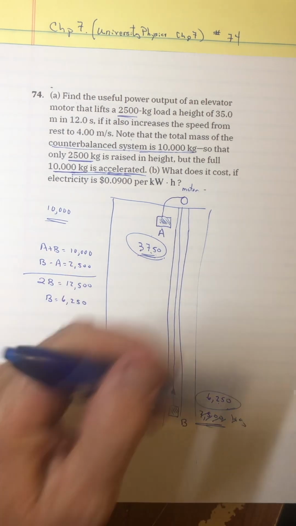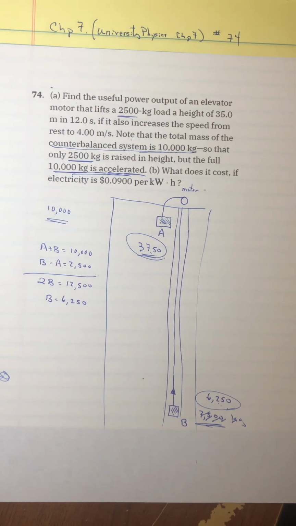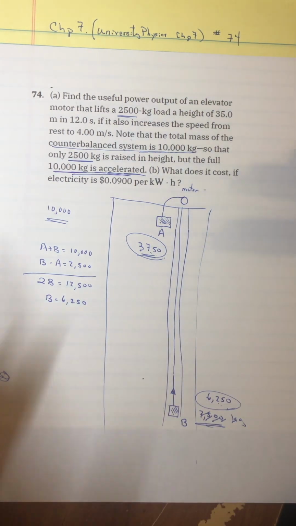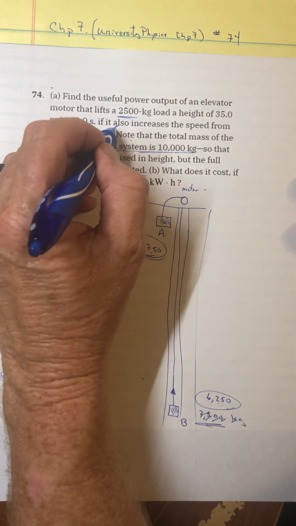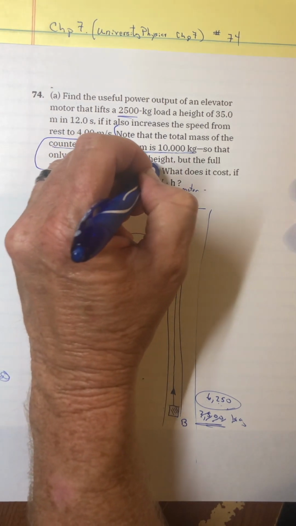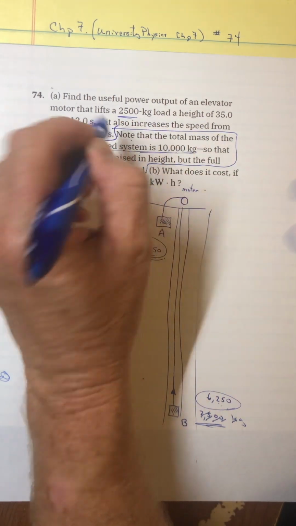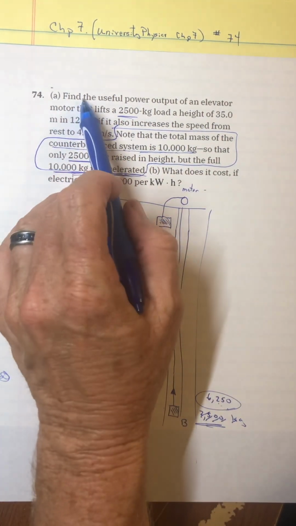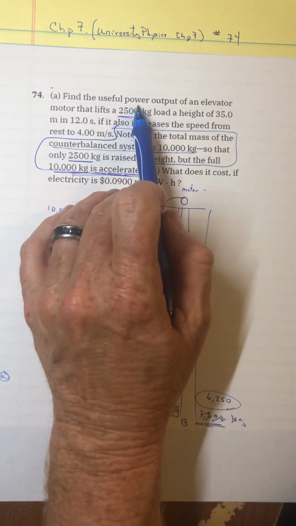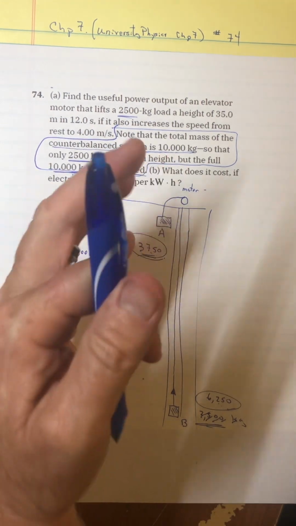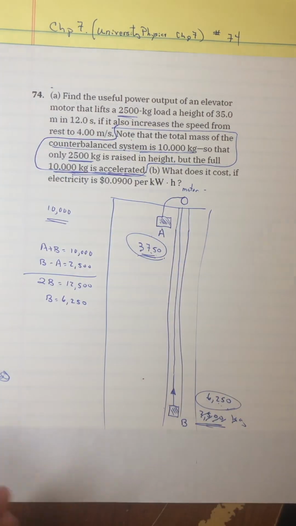Now, we could go into a little bit more of how the elevator works, but I already did way too much. This little note is going to be a key statement, because I want to know how much power, which is energy divided by time. So I'll start with energy: how much energy this motor needs to put out.